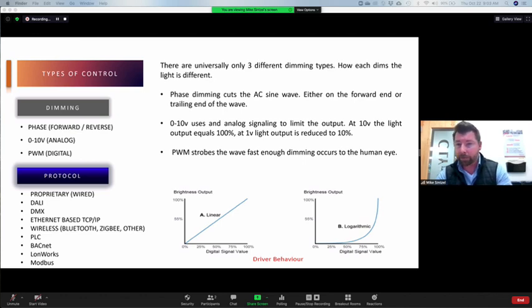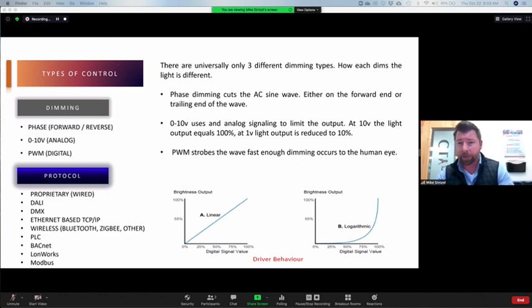You have proprietary from manufacturers, Lutron, Crestron, they all do proprietary dimming control. So they all have their own little names for them. Dolly is, like I had mentioned before, up in Canada and Europe and the rest of the world.